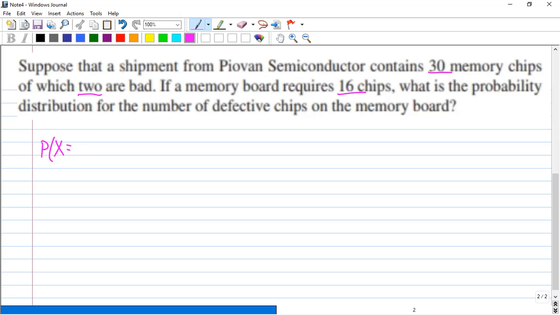We would want no defective chips on a memory board for it to work, right? If you have a piece of electronic equipment and one of the little things goes wrong, if a capacitor is wrong, if a memory chip goes bad, it's not going to work. So we want to know the probability that X equals 0.